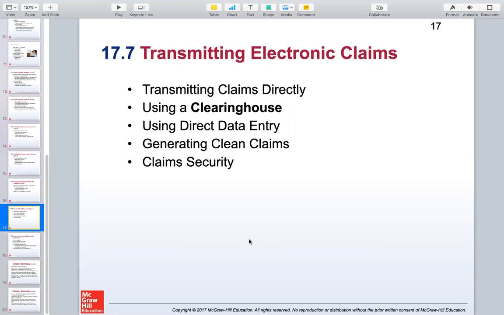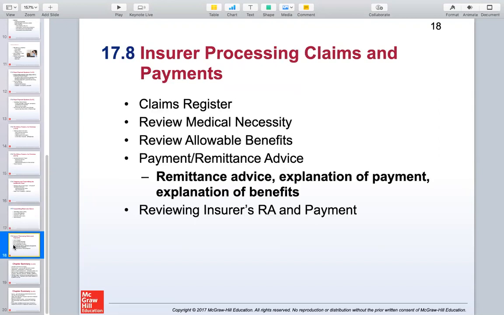You always have to make sure it goes through a firewall or some type of security device, because it does have personal health information. And of course, according to HIPAA standards, we want to make sure that we're protecting all patients' PHI, even when transmitting electronic claims. So it's really important to have that claim security. Okay.